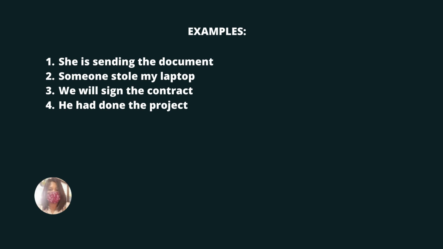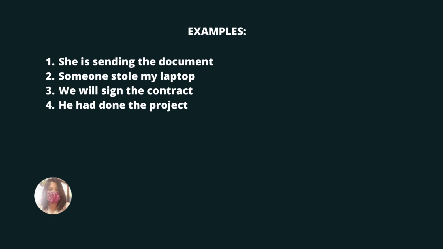So of course the answer to this question will be: the document is being sent by him. That's quite easy. The document is our object, and then don't forget the to be, is, don't forget the additional word being, and don't forget verb 3: sending changes into sent.